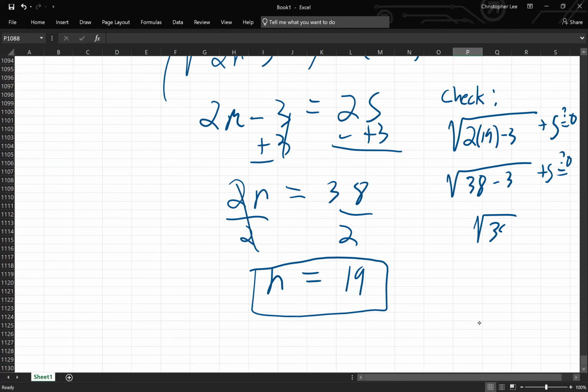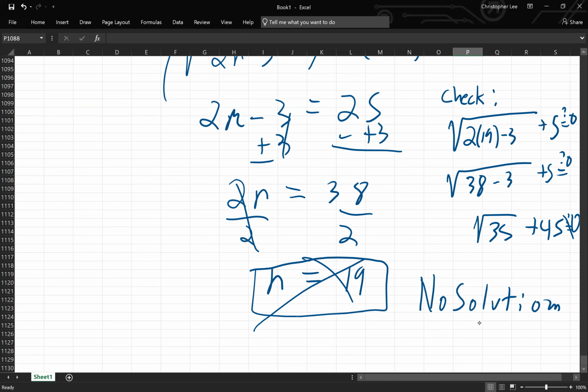So 35 plus 5, right? That should equal 0. But in fact, it does not equal 0. Therefore, this is actually not the right answer. The right answer is no solution.